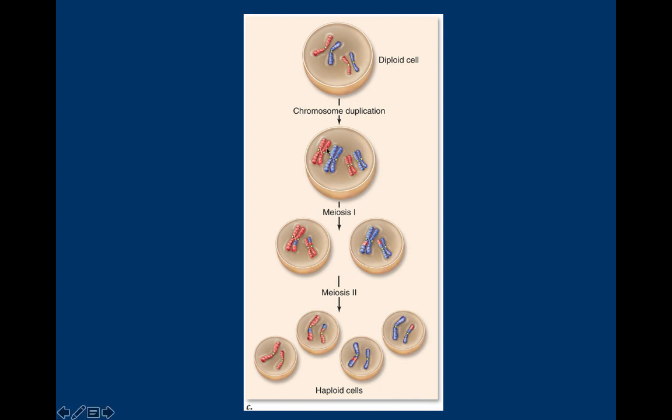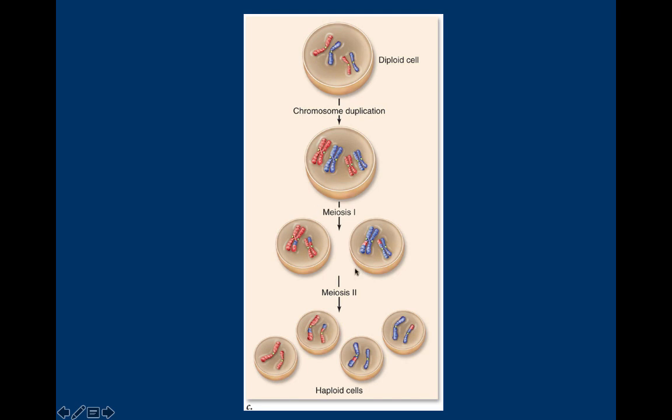So if we look at this starting cell, we've got homologs together and homologs together. After meiosis 1, these homologs are now separate from each other in different cells. And these homologs are also separate from each other in different cells. So meiosis 1 has separated the homologous chromosomes from each other for both of the 2 chromosomes in these cells. The goal of meiosis 2 then is to separate the chromatids from each other.